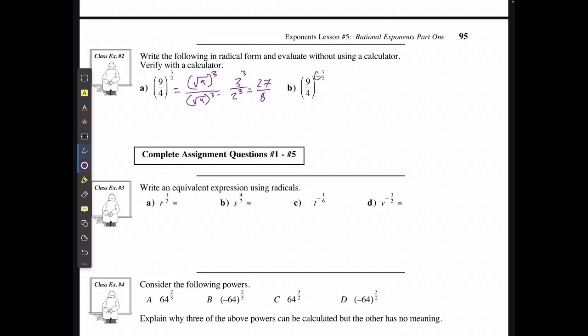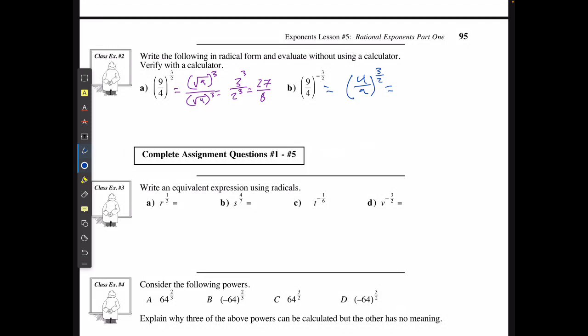If I have a negative exponent, all that I'm going to do is start by taking the reciprocal of the base, which means that that is the same as 4 over 9 to the power of 3 over 2. Remember, don't take the reciprocal of the exponent, just the reciprocal of the base.